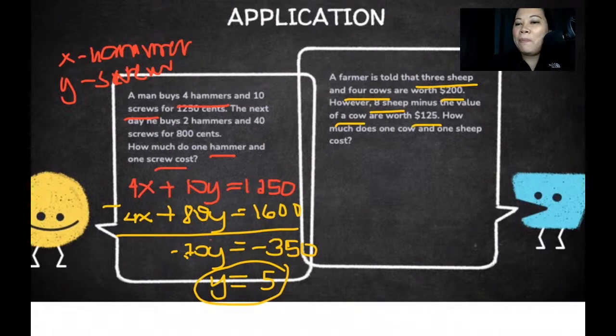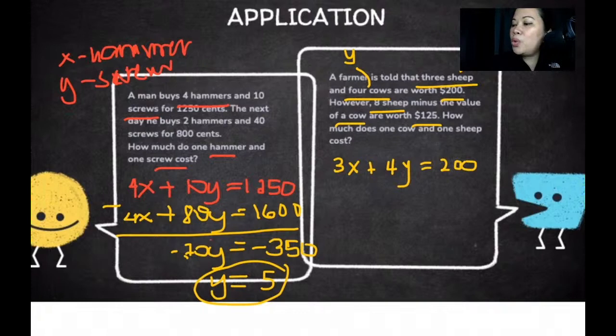So let's say we have our sheep as x and our cow as y. The first one will be 3x plus 4y, that's our cow, which is equivalent to 200.